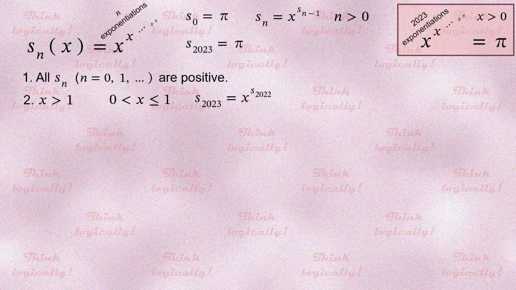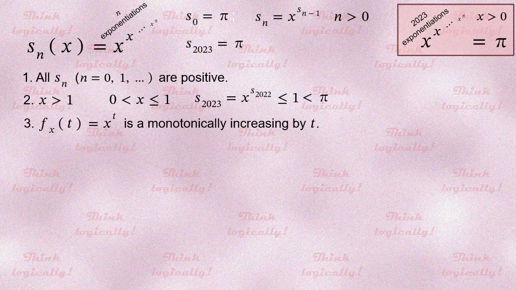And since we assumed that x doesn't exceed 1, while the exponent according to point 1 is positive, the result will be not greater than 1, which makes it less than pi, while s sub 2023 must be equal to pi. This means that the exponential function f of t equals x to the power of t is monotonically increasing as a function of t.